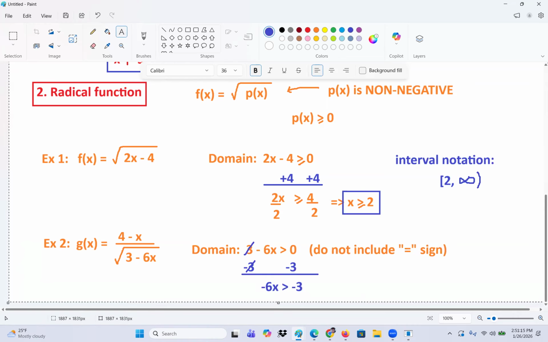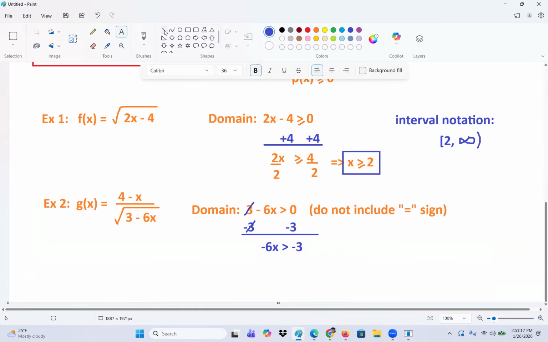Now, when you divide by a negative, this one can be either negative or positive, it doesn't matter. When you divide by -6, we have to switch the inequality. So we no longer have greater than, that will be less than. We have to switch it immediately right after we switch the sign.